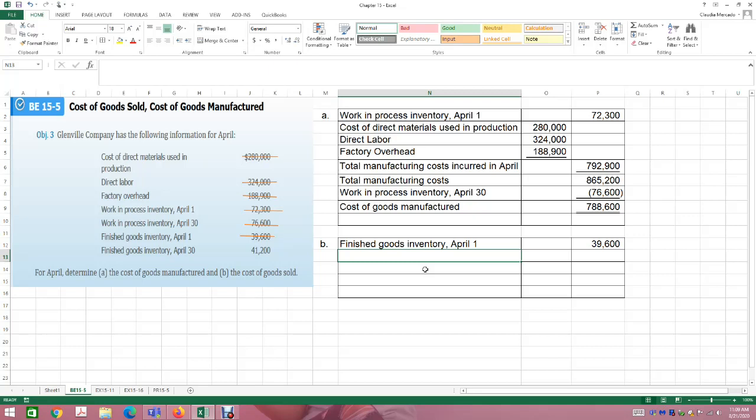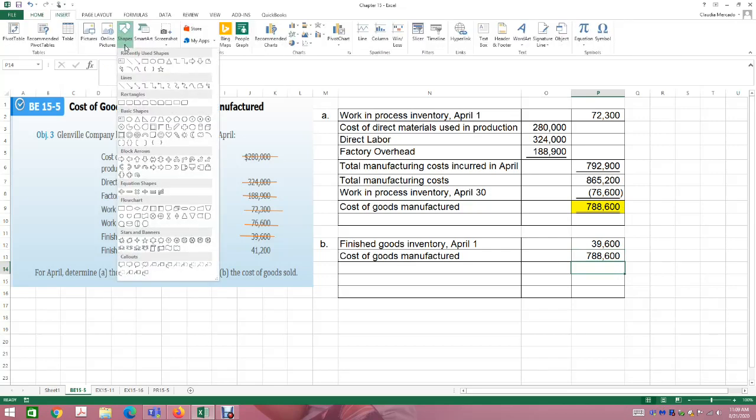Now we're going to bring in the cost of what we manufactured in the month of April. So we're going to bring in our cost of goods manufactured. And where are we going to get that number from? We're going to get that number from up here, right there. That number, $788,600, is my cost of goods manufactured, how much money you spent manufacturing your goods that specific month.